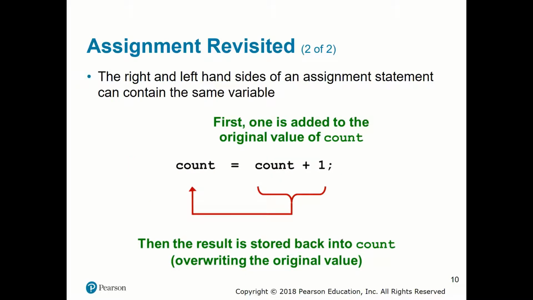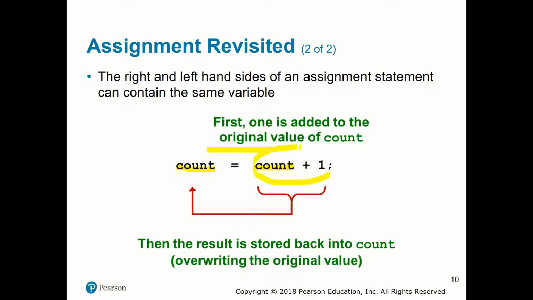The right and left-hand sides of an assignment statement can contain the same variable. In this expression, variable count is on both sides. If this were equal, this would not make sense, but this is not equal. This is assignment. So first, 1 is added to the original value of count.